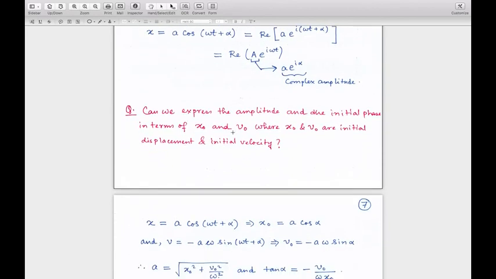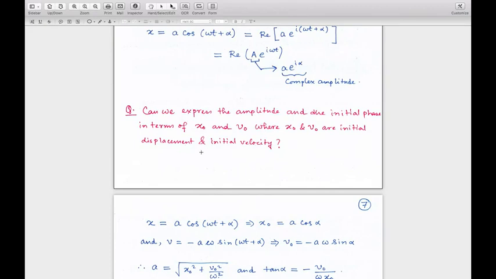Can we express the amplitude and the initial phase in terms of x0 and v0, where x0 and v0 are the initial displacement and the initial velocity? So we said that the frequency is independent of the initial conditions. Now, is it true for amplitude and initial phase?